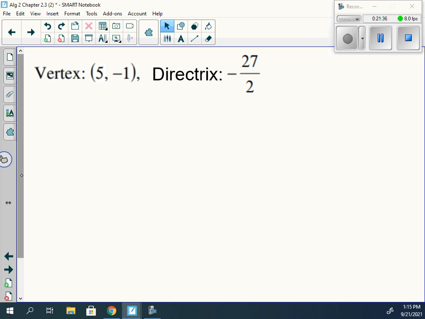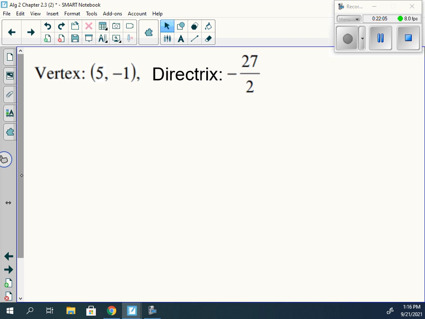Okay. So when we look at this here, Colin can already tell us what is missing from this slide that y'all's notes have. Does the vertex match up?